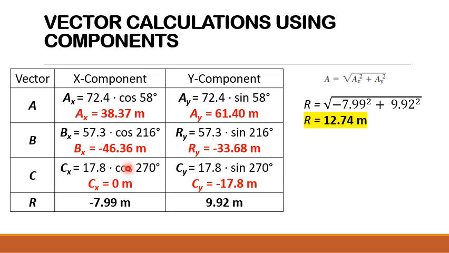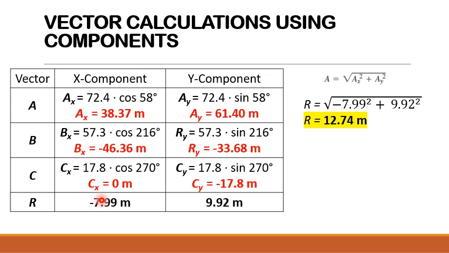We get this value, which is negative 46.36 meters. Likewise with the y component. And letter C, it's only a vertical component, therefore x component is 0 and y component is the sine of 270, which is negative 1 multiplied to 17.8, negative 17.8 meters.